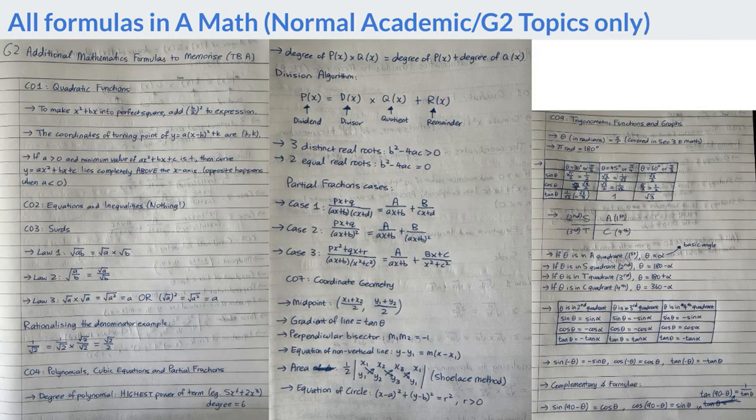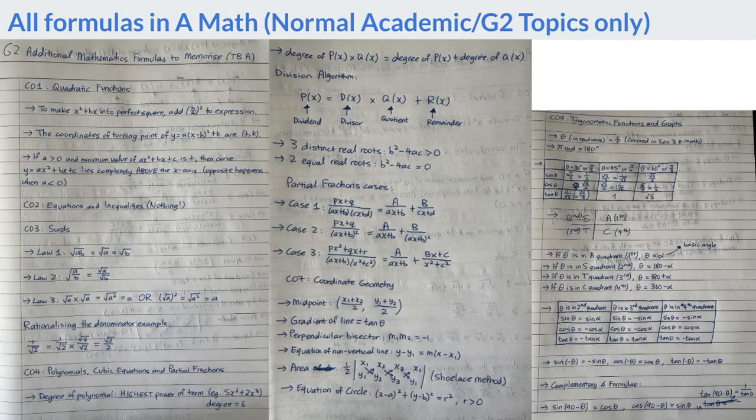Degree is basically your power number. You also need to remember that the degree of a function times another function is the same as the degree of the first function plus the degree of the second function. That's all. The next one is the division algorithm for polynomials.